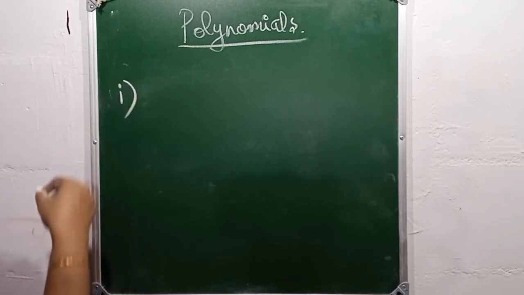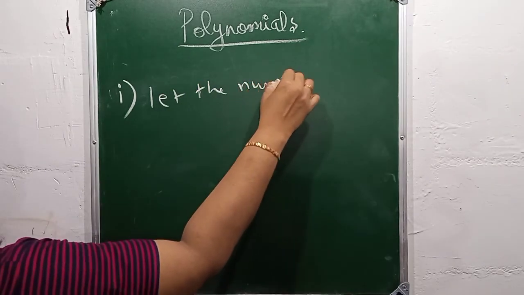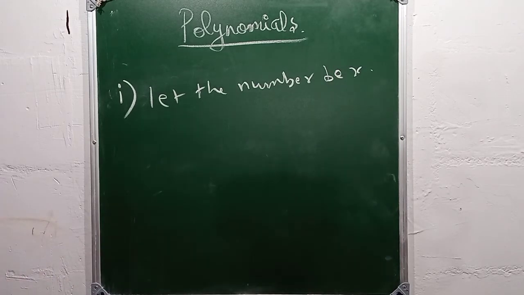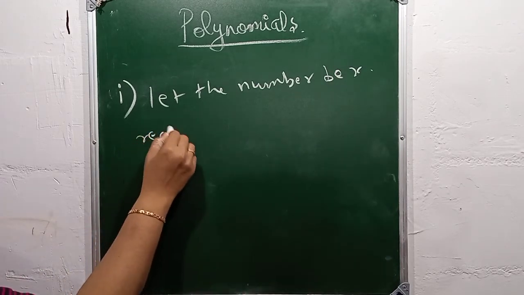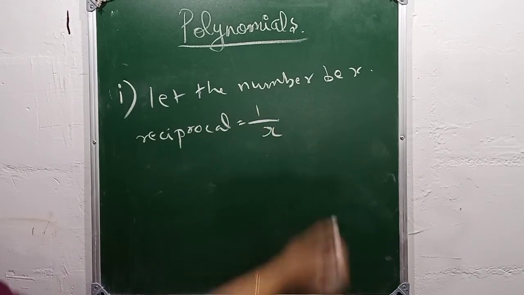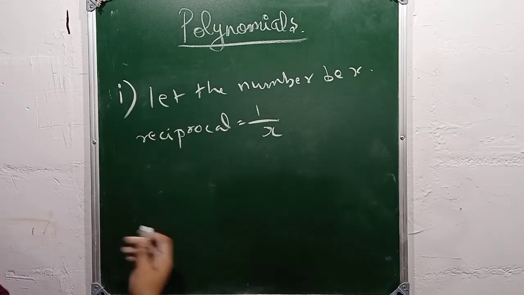First sub question. Let the number be x. Then what is its reciprocal? Reciprocal of x is 1 by x.